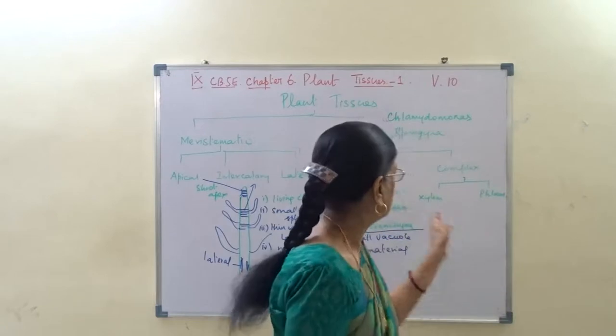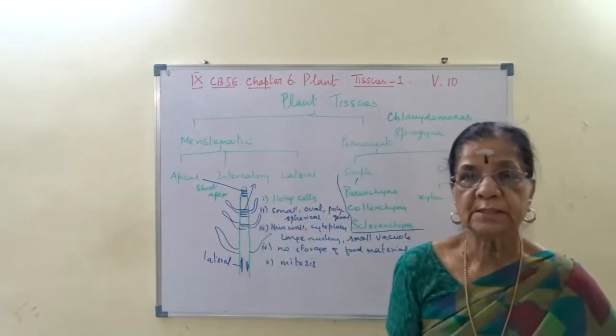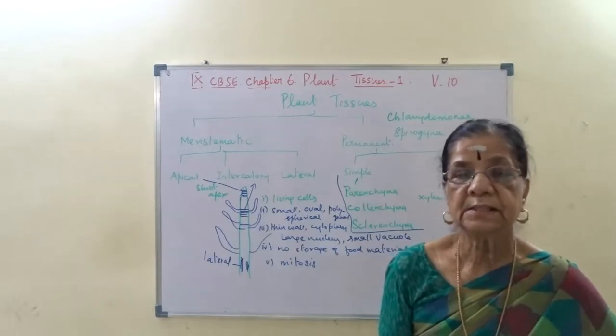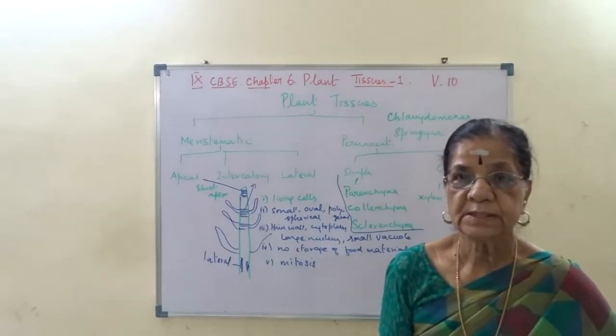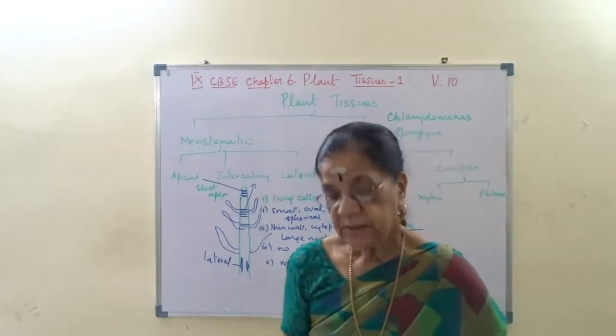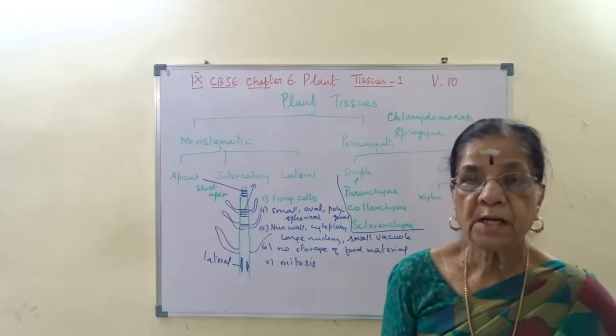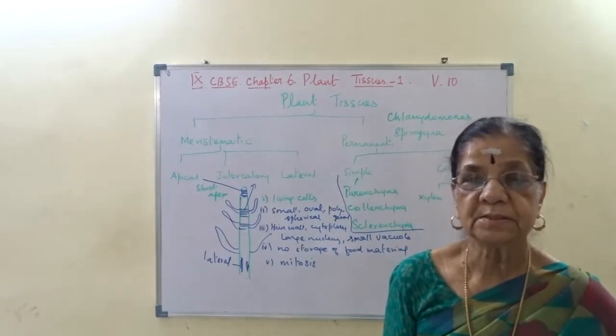Then the intercalary meristem lies between regions of permanent tissues. Permanent tissues we are going to learn about: parenchyma, collenchyma, and sclerenchyma. So it lies between the regions of permanent tissues, and it is a part of the primary meristem.